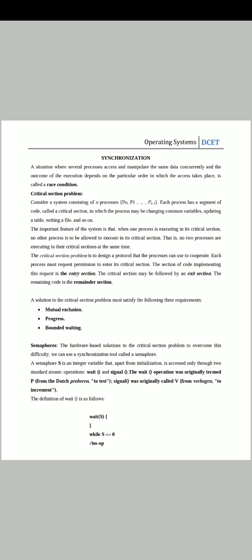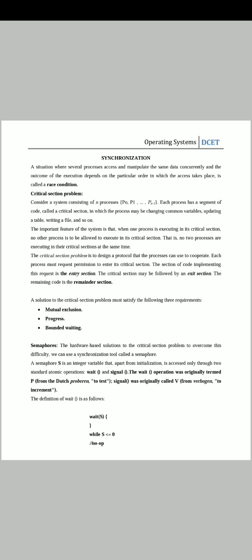That section we call the entry section. Then once it takes the permission from the operating system, it has the exit section. Whatever segment of code it wants to execute is our remainder section. A solution to this critical section problem must satisfy three basic requirements.